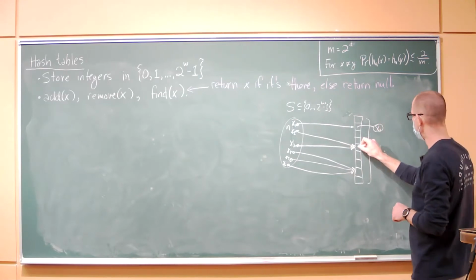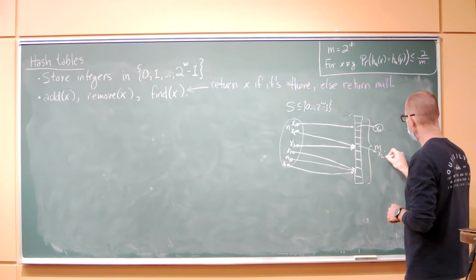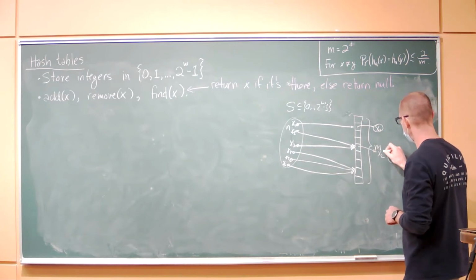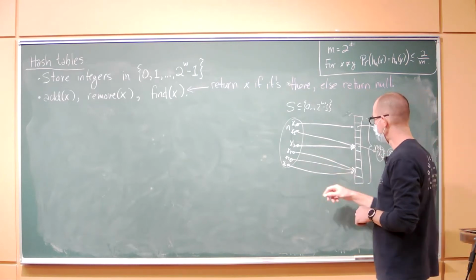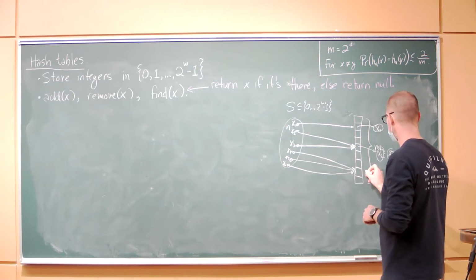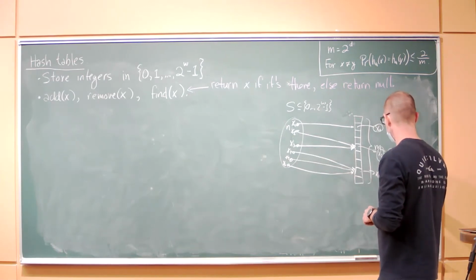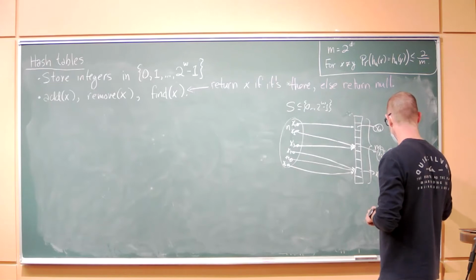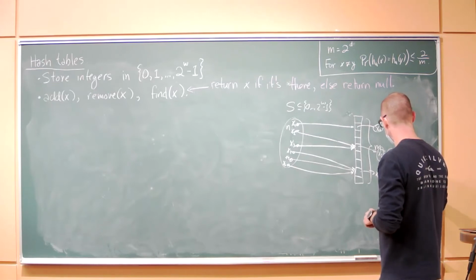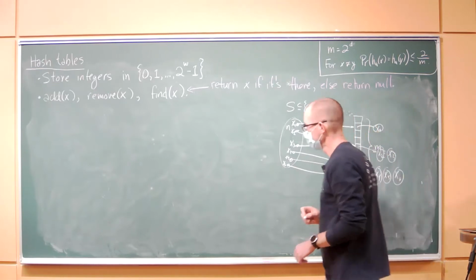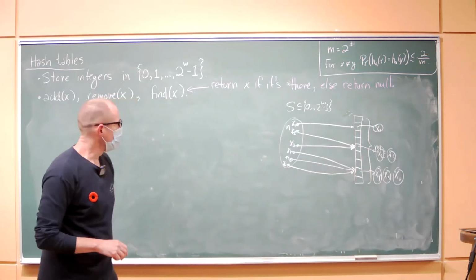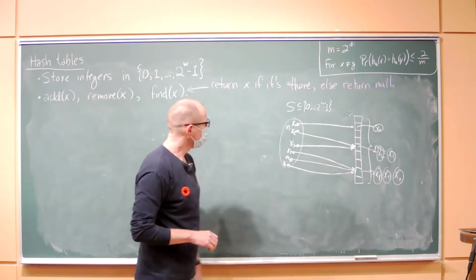So here you have a list with x2 and x3. Here's a list with x4, x5, x6. Okay. So this table is of size m.